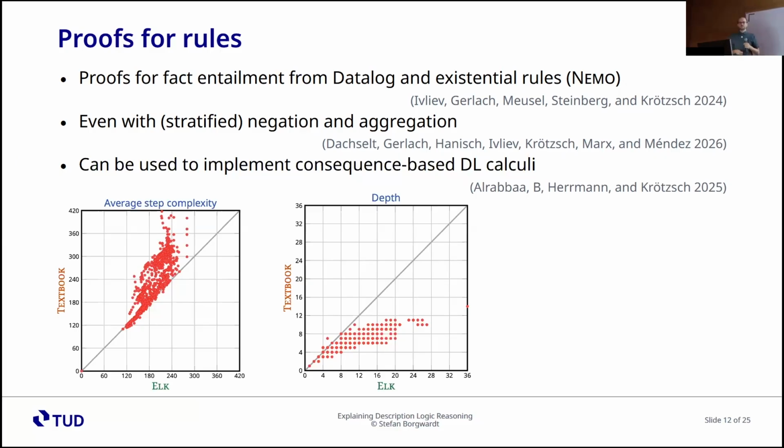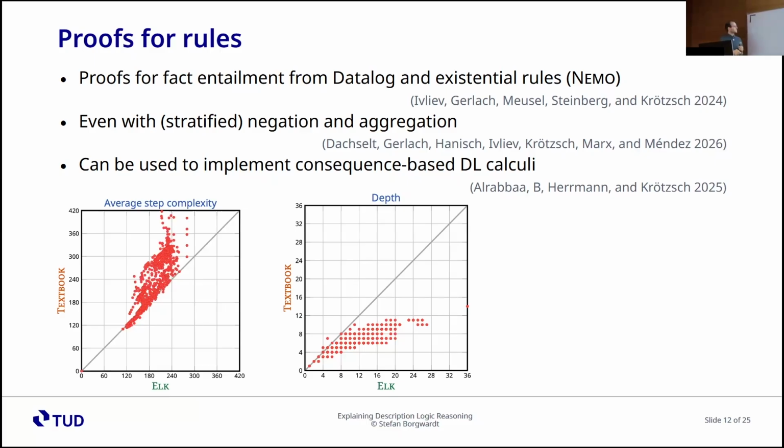Maybe you remember, if you were at DL last year, I already talked about this: it allowed us to implement different calculi for EL, different consequence-based rule sets, in this rule engine NeMo, and then use those proofs to reconstruct DL proofs. Now we can compare quite easily different proofs generated by different sets of rules in this way.